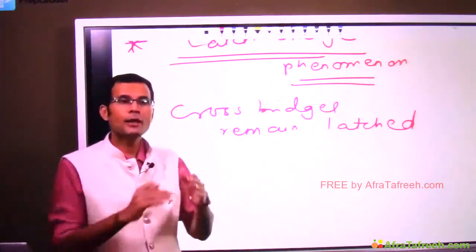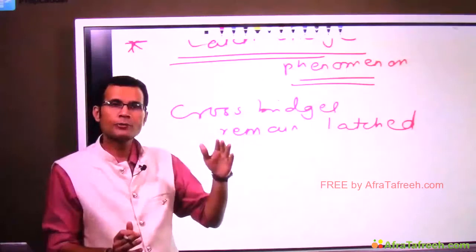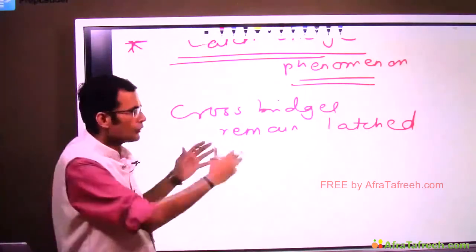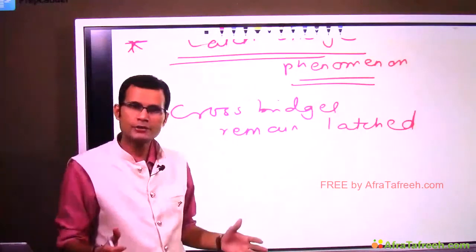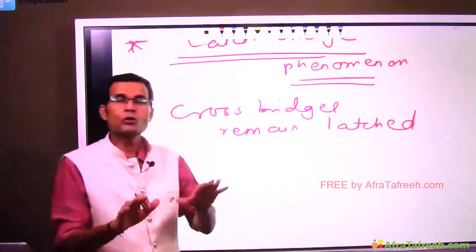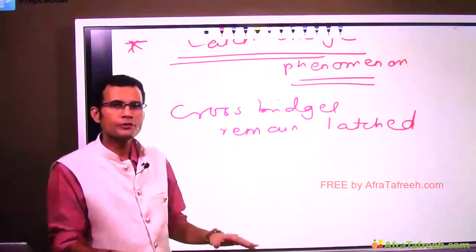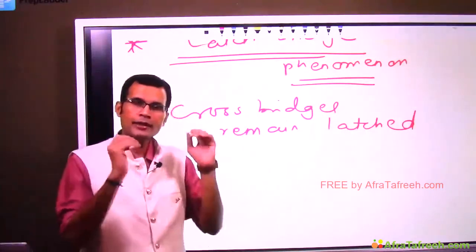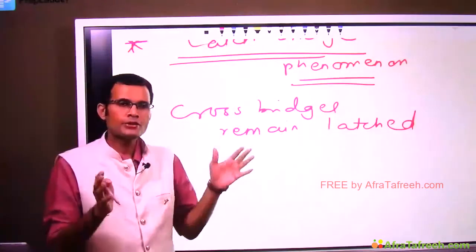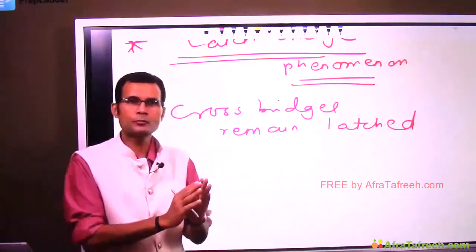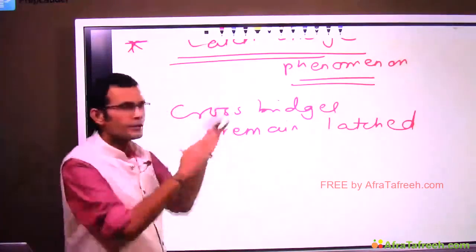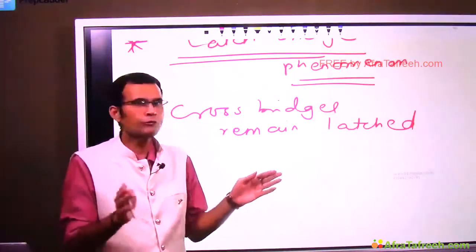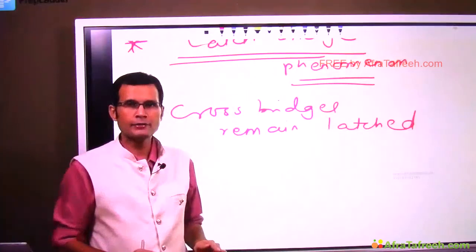And when the myosin head is detached from the actin or the thin filaments, it needs ATP. This whole contraction process requires ATPs. So, to conserve the ATPs, to conserve the energy, what happens is, after a certain cross bridge cycling has happened, meaning a certain tension is developed in the smooth muscle, the cross bridges remain latched. It means no further cross bridge cycling.